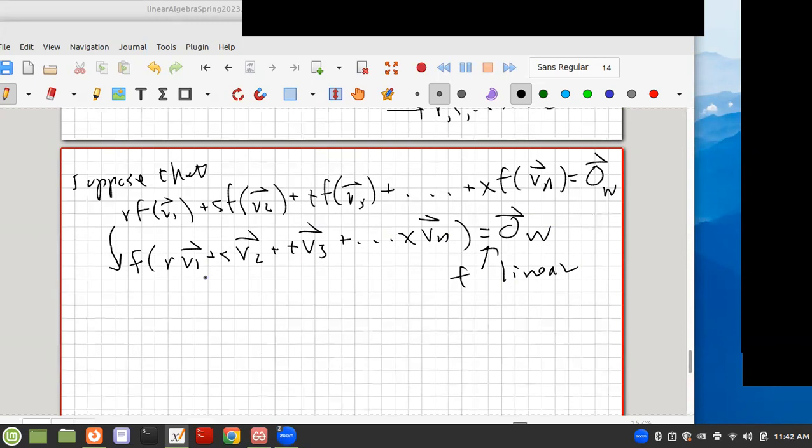Now, there's a theorem that says, well, here's the point.